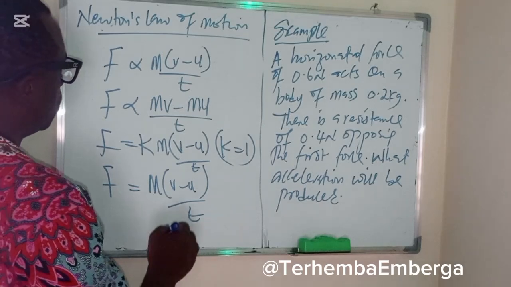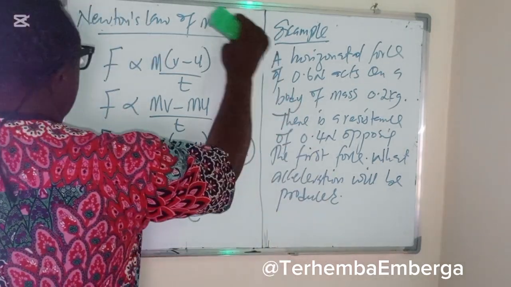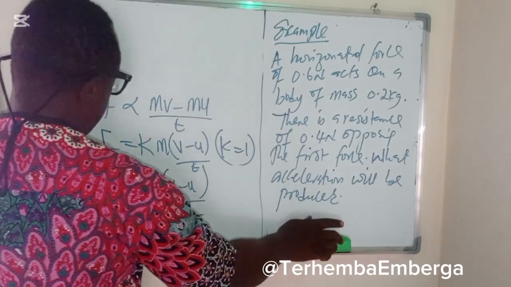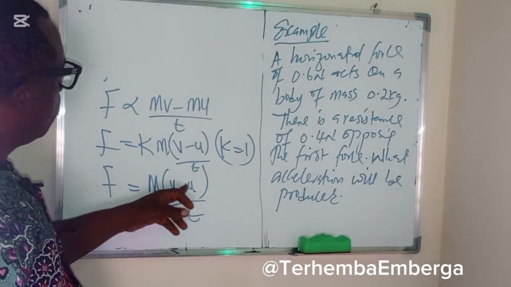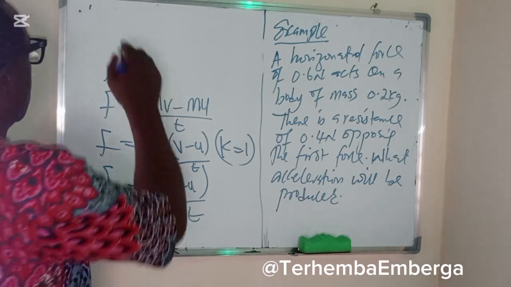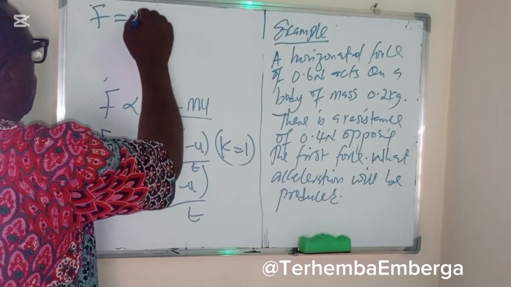And we know that (v minus u) over t is acceleration. So we can say that F is equal to ma.